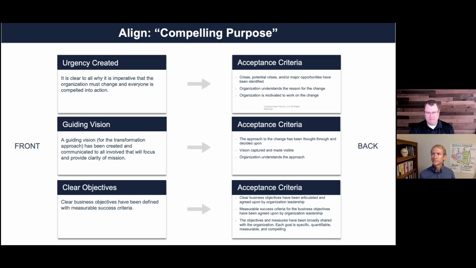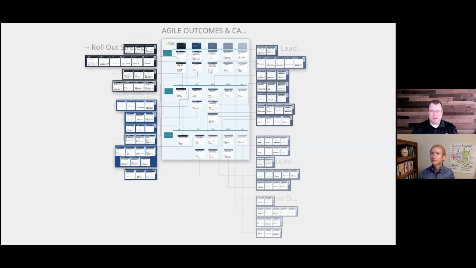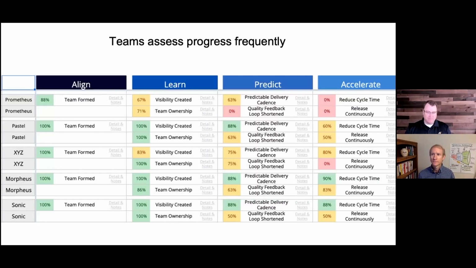And on the next slide, we show a very zoomed out view: the items in the light blue box in the middle are those 26 Agile outcomes, and everything around it are the 85 Agile capabilities that those decompose into, if you will. So Brad's going to show how he leveraged this in helping teams have a conversation around where they are, so that they can identify action items that they would take.